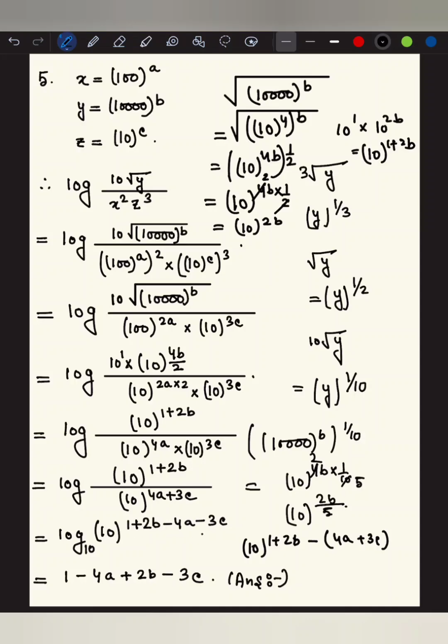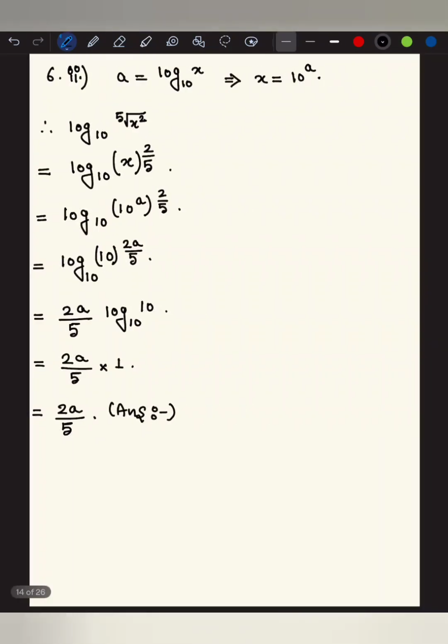That is what I have written. And we know that when no base is mentioned, we take the base as 10. So the log base 10 can be written as 1 minus 4a plus 2b minus 3c. That will be our answer. Understood? Okay.